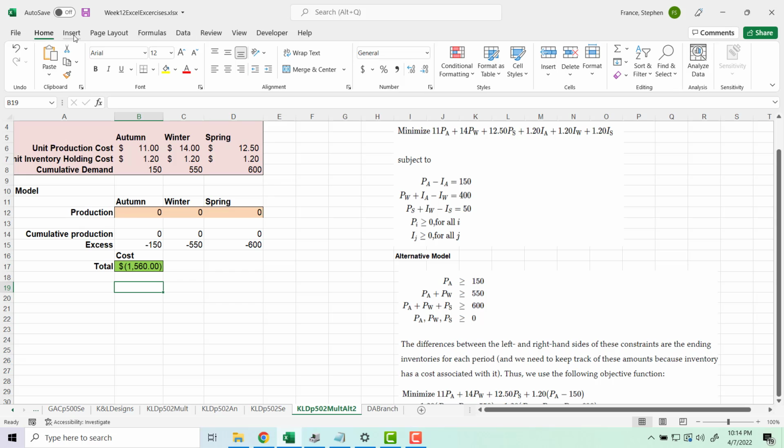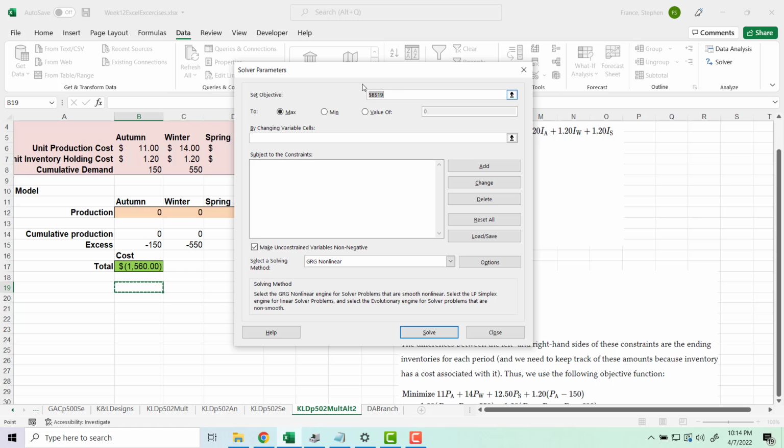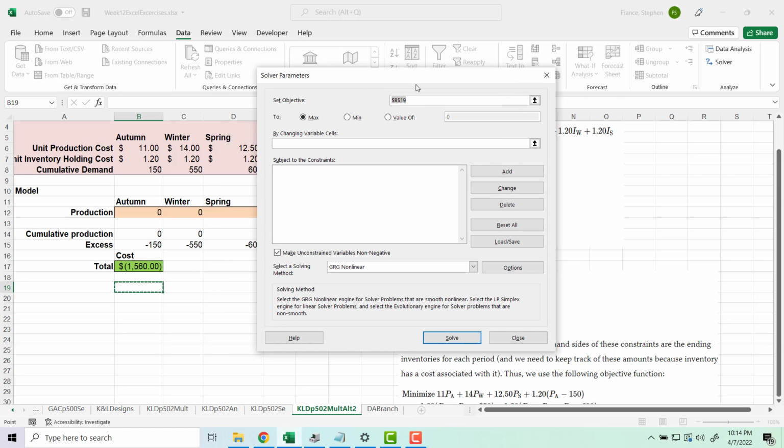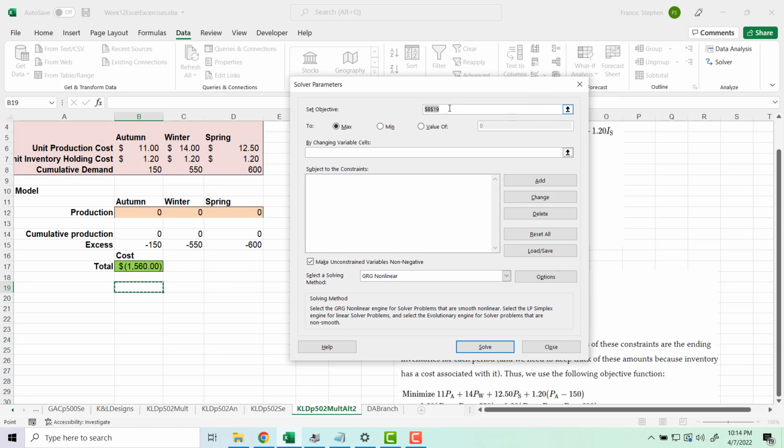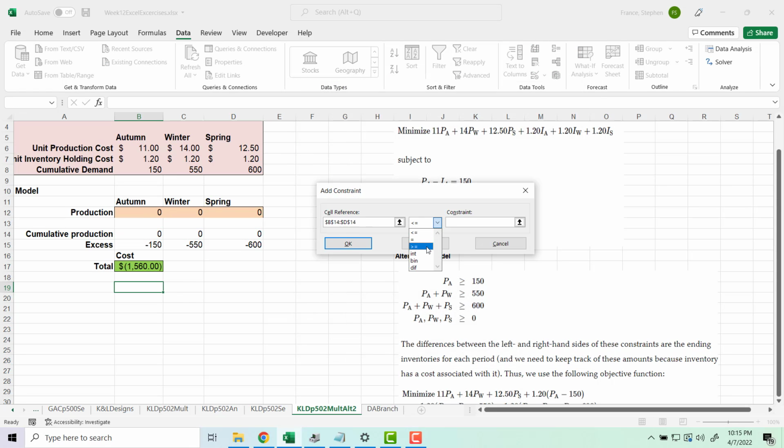So let's try and put this model into Solver. As it's the same model as before, I'm not going to bother with the answer analysis and the sensitivity analysis, but I'll just show you how to create it. So we want to minimize this by changing these three cells, subject to the constraints that the cumulative production is always greater or equal to the cumulative demand.